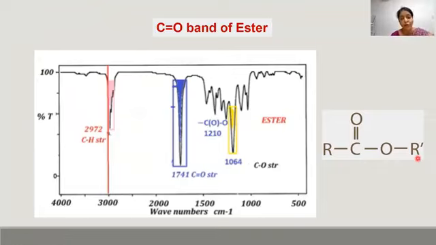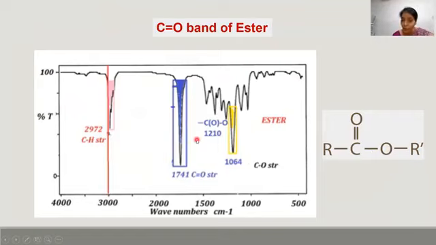As the percentage of s character increases, the value of vibrational frequency increases. So out of 1210 and 1064, 1064 is the carbon oxygen stretching because of sp3 C-O.